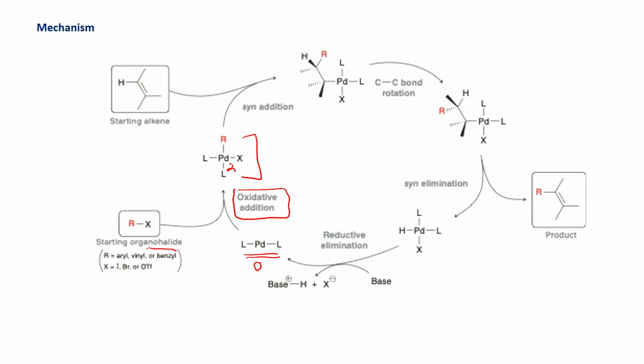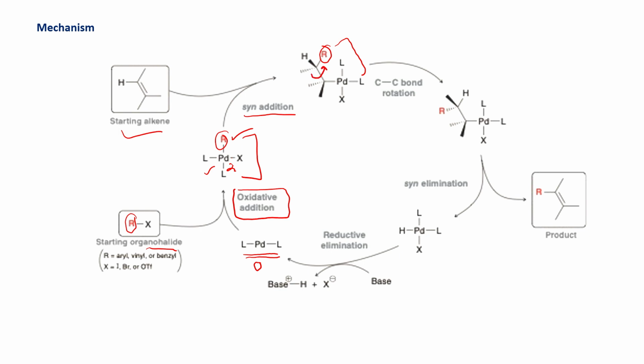Now, this palladium complex, which is having R of organohalide, will bind to alkene. And how will it bind to alkene? It will bind in the form of syn addition. Your R and palladium, you can see they both are on same side. This is syn addition. Now carbon-carbon bond rotation will happen.